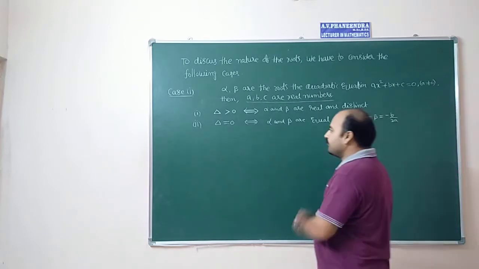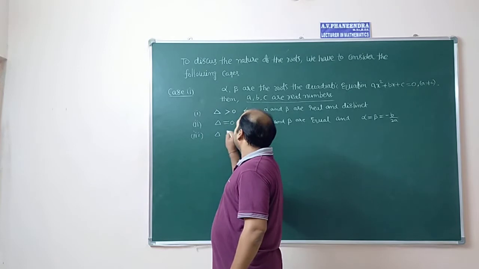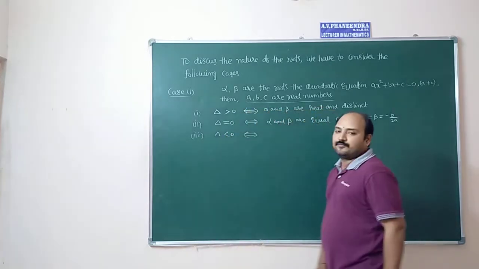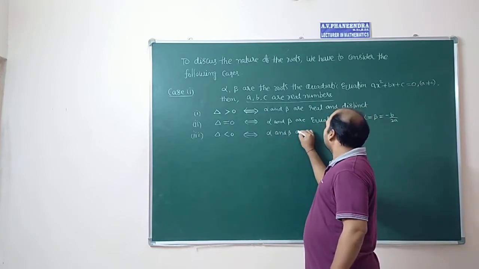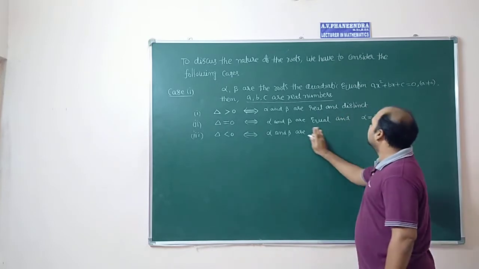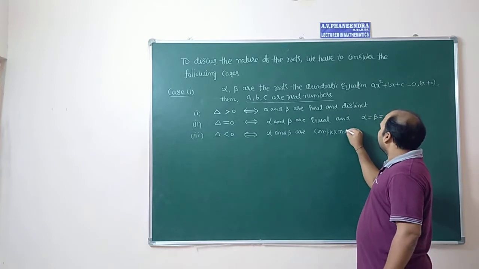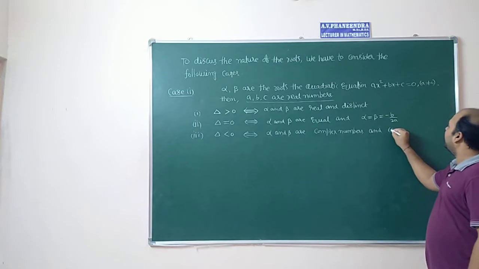And coming to the third case, delta is less than 0 if and only if alpha and beta are conjugate, that means complex numbers and conjugate to each other.